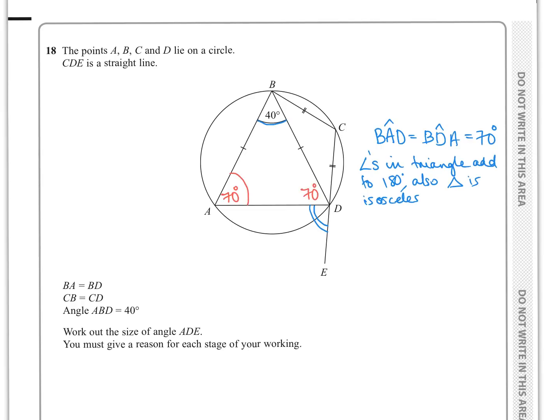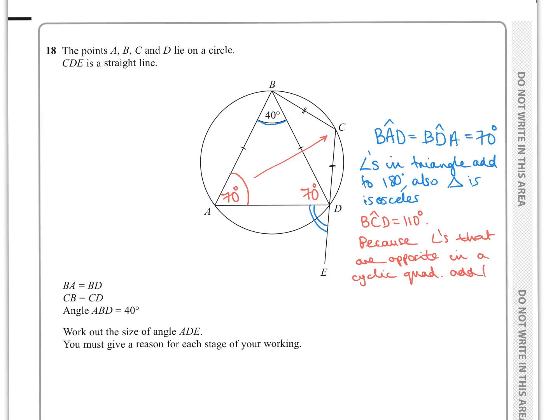The next thing we can say is that this angle here is 110. So we can say that BCD is 110 degrees, and you probably can see why, and that's because angles that are opposite in a cyclic quadrilateral add to 180 degrees.